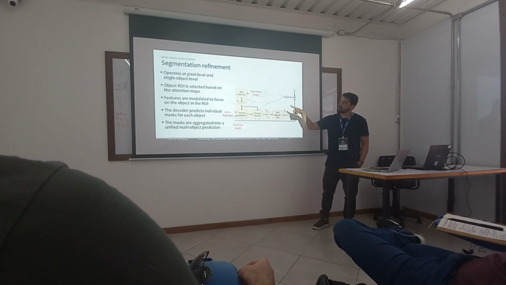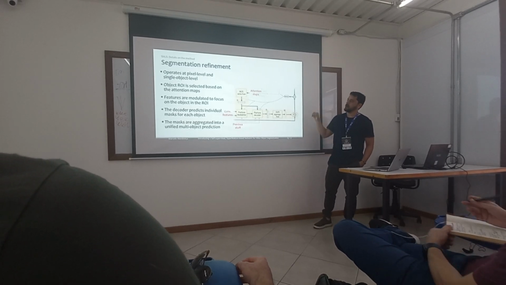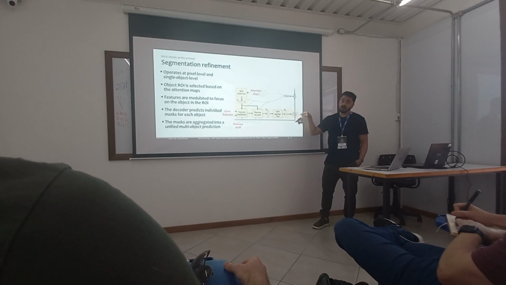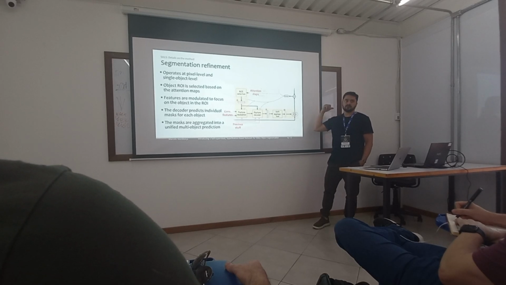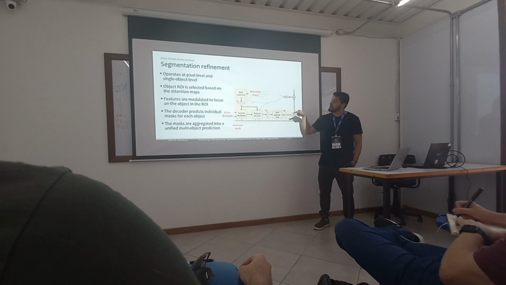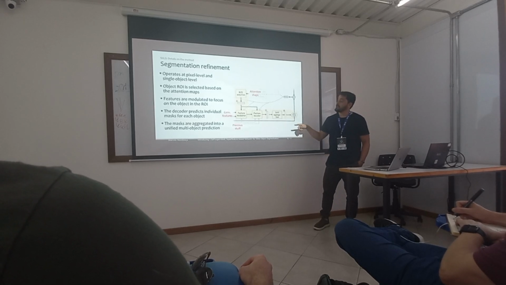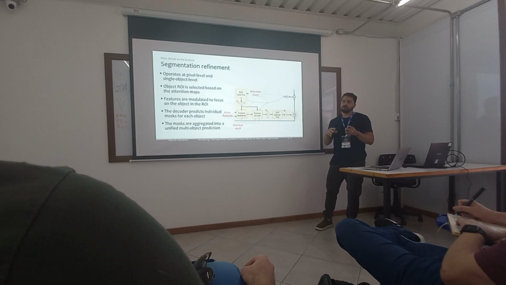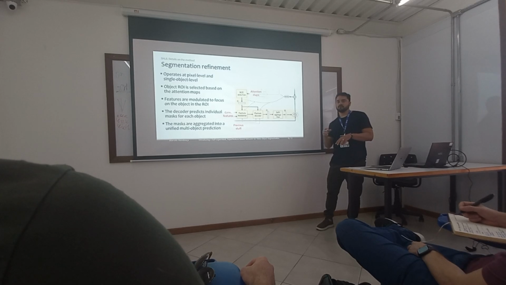The point in this refinement model of the network is that in this model we are operating at the pixel level, different from the previous models where we are operating at the superpixel level. Here we operate at the pixel level so that we can recover from eventual errors caused by the superpixel segmentation or superfeature misclassification.